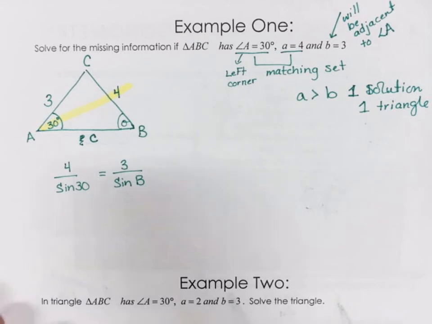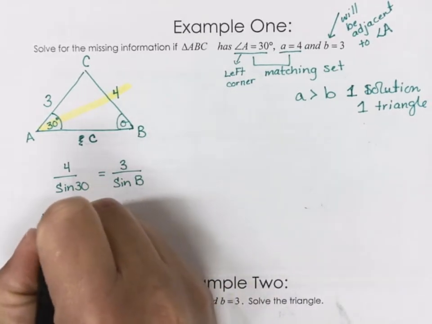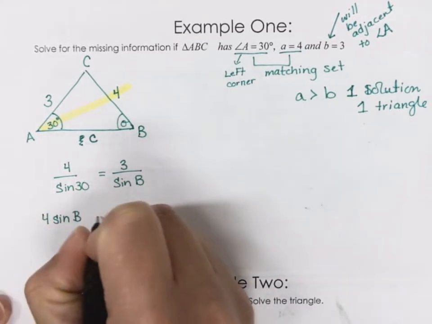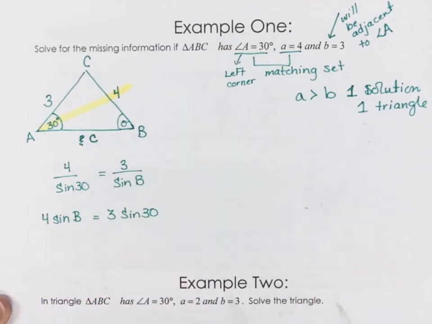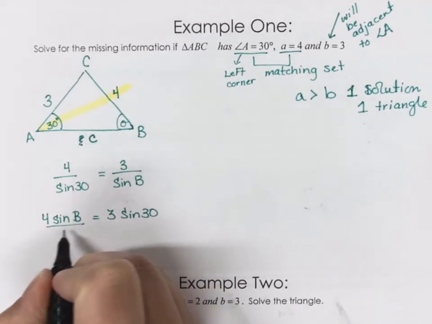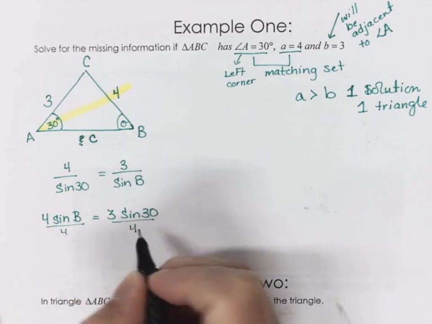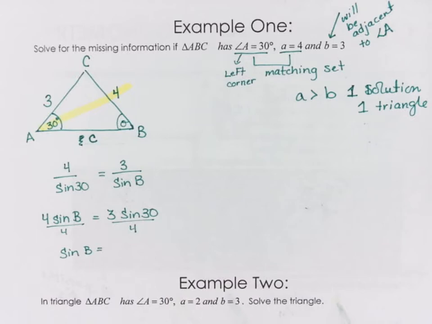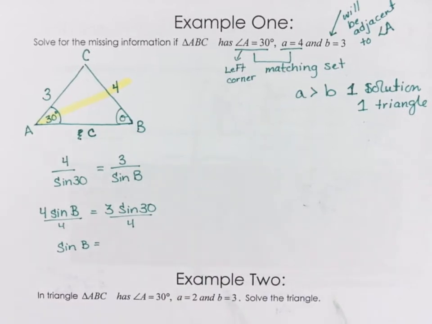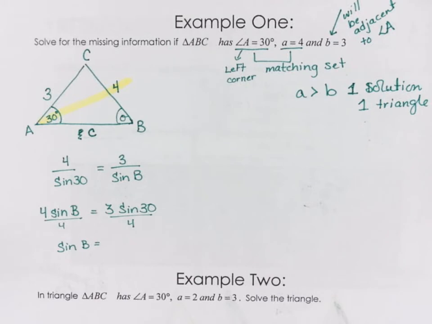Okay, so we're going to go ahead and cross multiply. So 4 times sine B equals 3 times sine 30. I'm going to divide both sides by 4. So sine B equals, it's like I had a calculator, I really did. 3 times... Oh, this is nice.